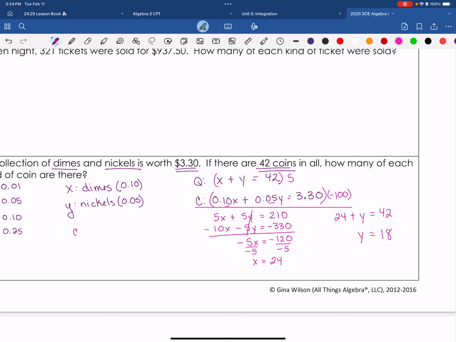So if I do my check, I have 10 cents times 24 plus 5 cents times 18. Does that equal 330? So 10 cents times 24 plus 5 cents times 18, that gives me $3.30, so it checks.